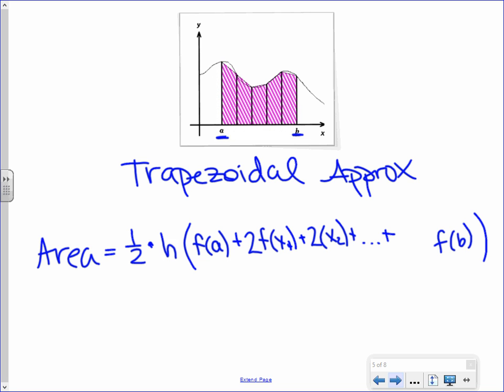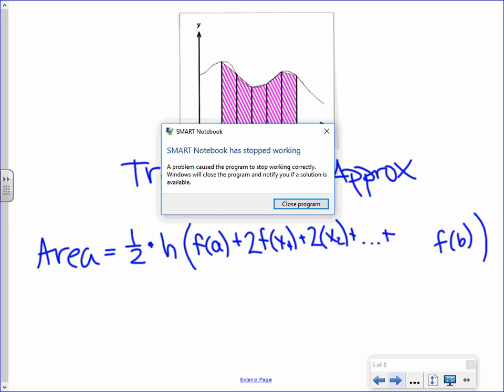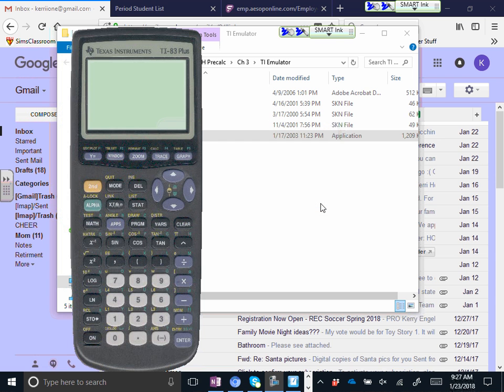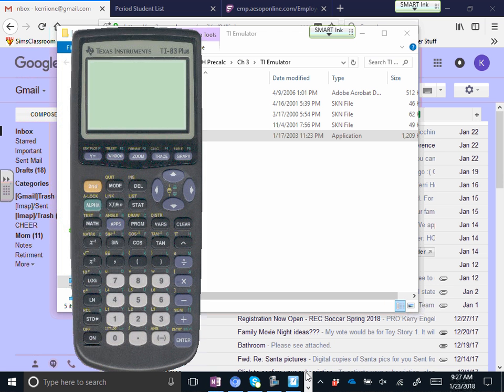Oh, that's the second time I've done that today. Well, at least that one's still open.